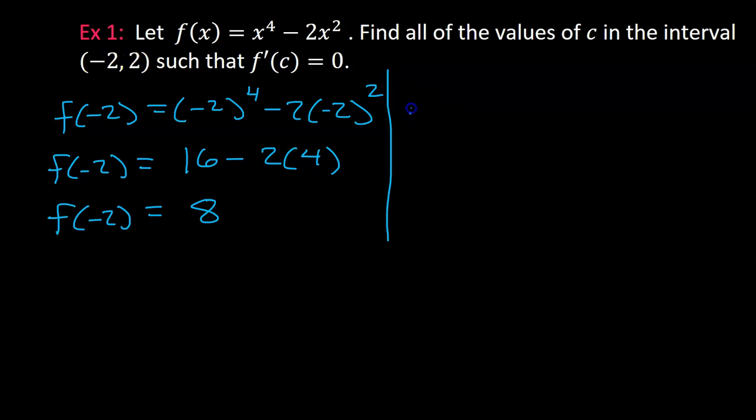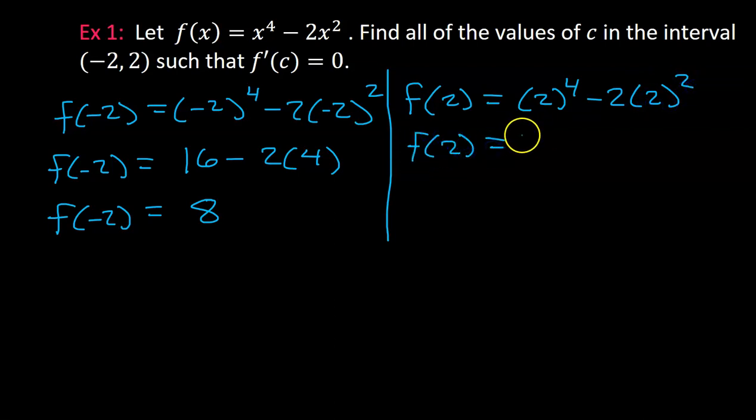Now let's take a look at f at b. f at 2 is equal to 2 to the 4th power minus 2 times 2 squared. So f at 2 will equal 16 minus 2 times 4, which of course, again, is going to equal 8.